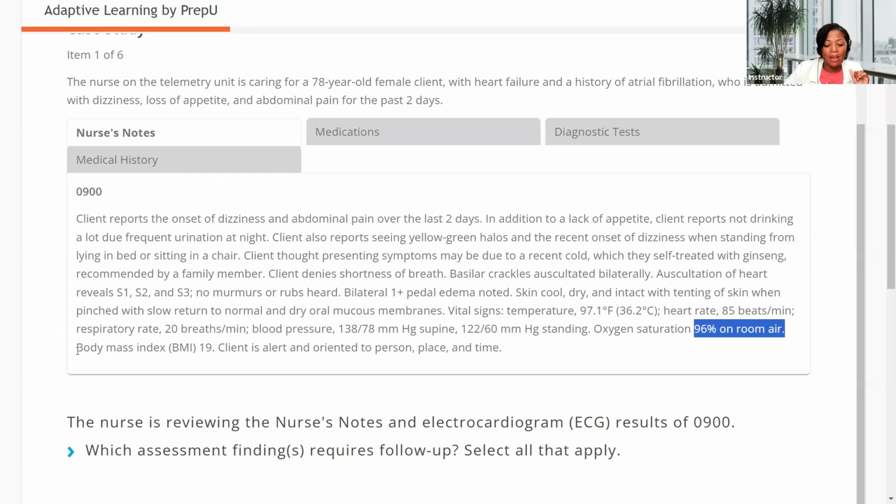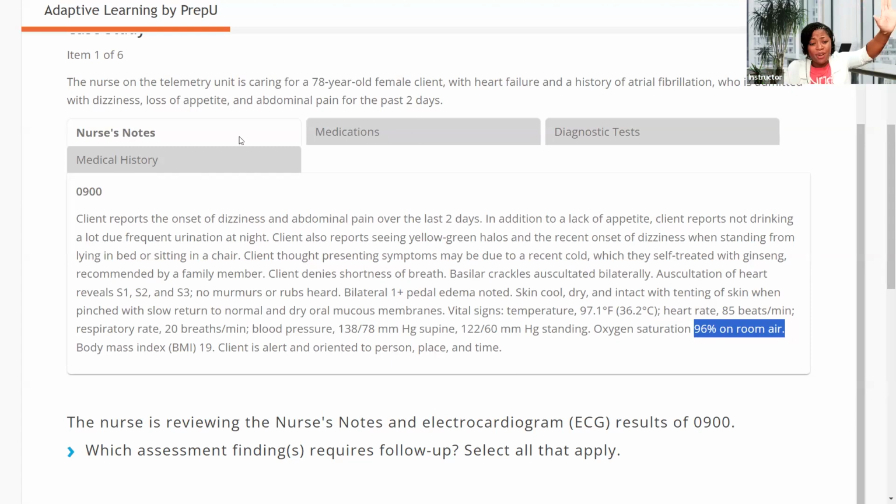Our body mass index is 19, and this client is alert and oriented ×3, person, place, and time. So let me tell y'all, this is real. This can happen. This is a real situation, like a real patient case, like all of this information. And they're wanting you to be able to figure out what matters the most here, right?